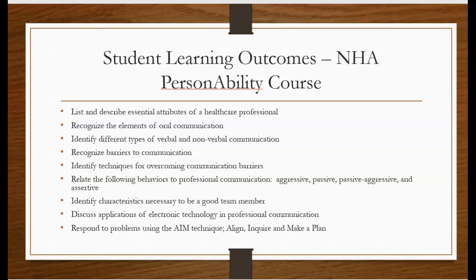But when they complete this external program outside this course, they will obtain a certificate on Personability, which they are able to put on their resume and show healthcare organizations that they have been trained on soft skills. So here's a list of the student learning outcomes from the Personability course from the National Healthcare Association. I will not read them. They are found in the Canvas course curriculum.